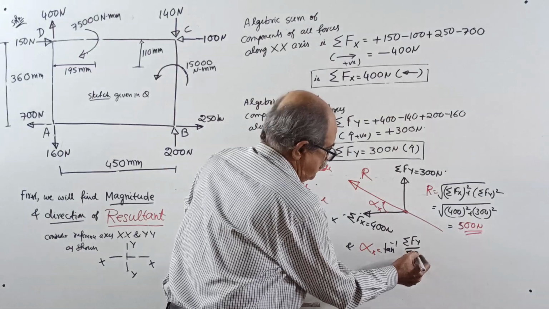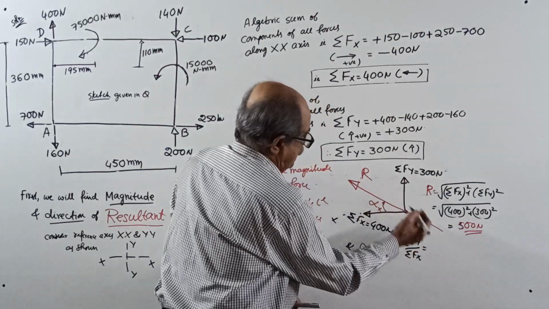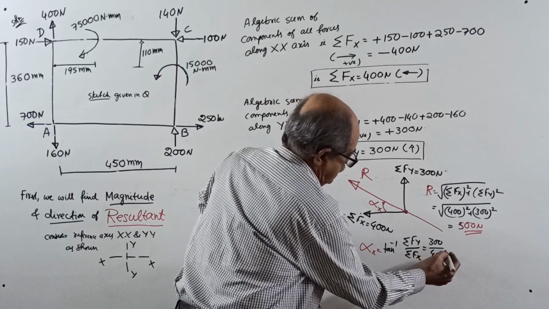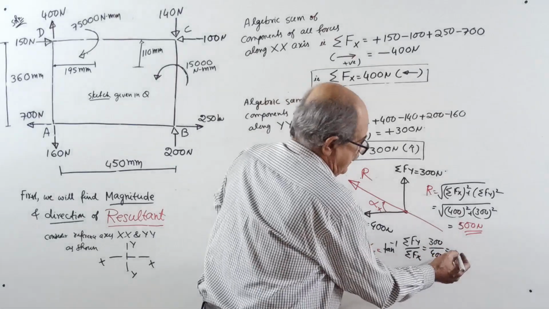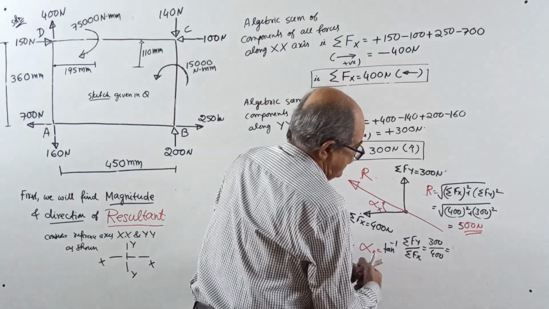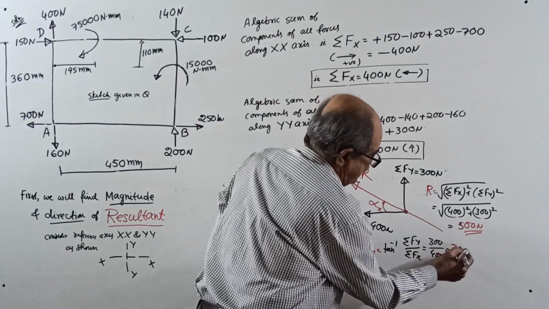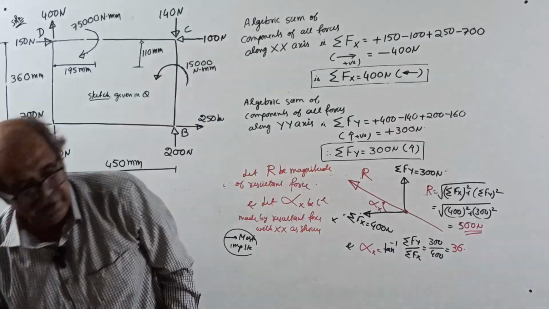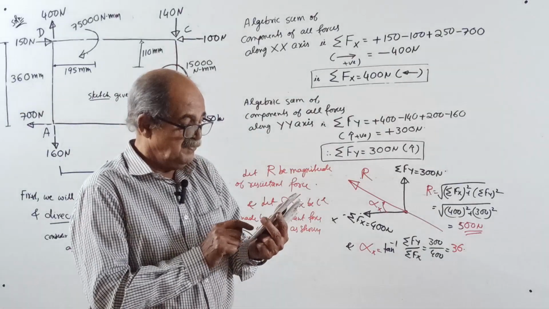Vertical is 300, horizontal is 400. I know the answer, it is 36.87 because it's a standard answer. Let me check it.